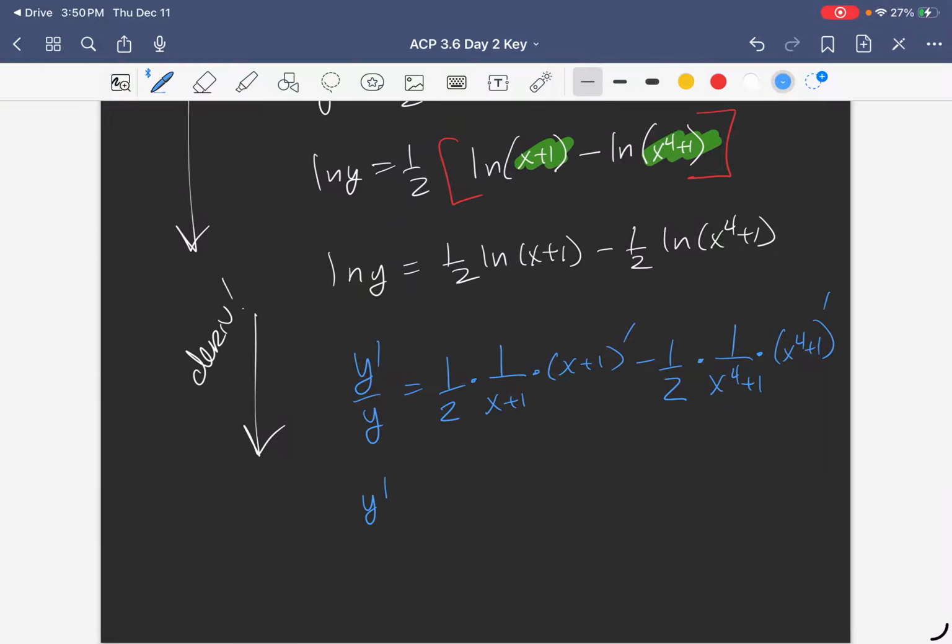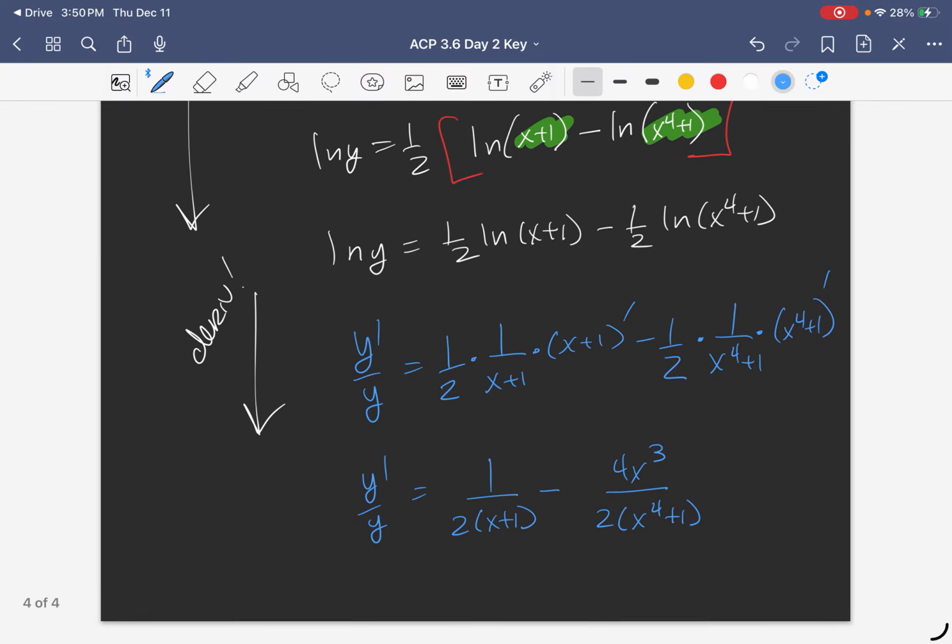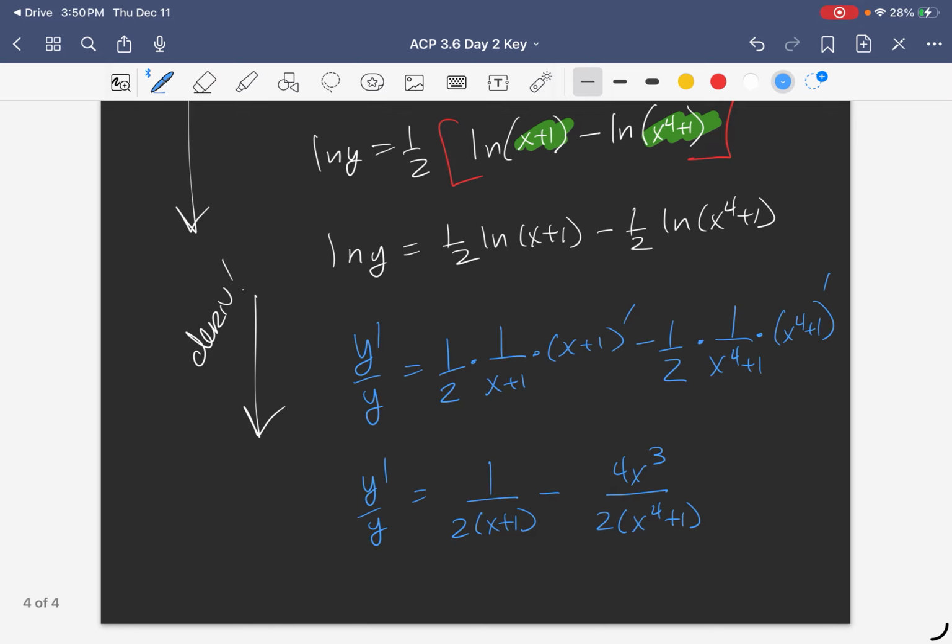So what we get is that y prime over y is equal to 1 over 2 multiplied by x plus 1 minus 4x cubed over 2 times x to the 4th plus 1. But then to get rid of that y in the bottom, I multiply both sides by y and get this.